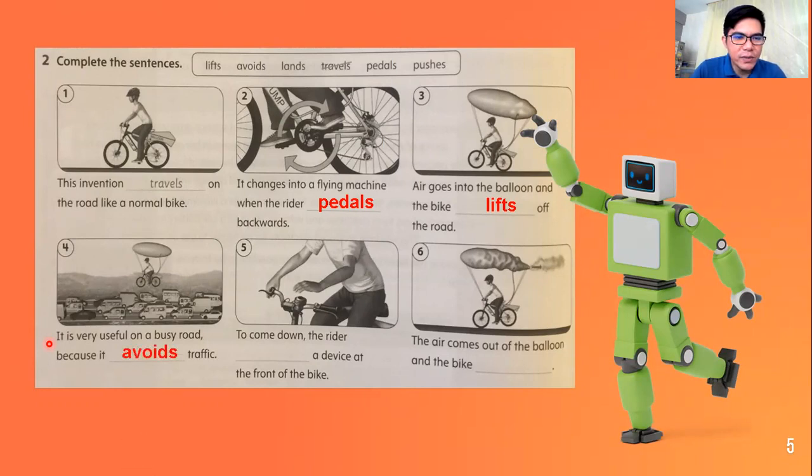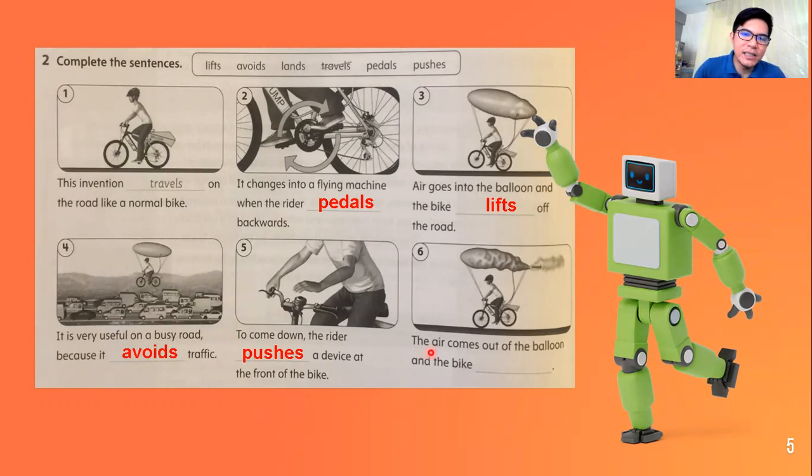It is very useful on a busy road because it avoids traffic. Let's go to number 5. To calm down, the rider blank a device at the front of the bike. What's your answer? 3, 2, 1. The correct answer is pushes. To calm down, the rider pushes a device at the front of the bike.